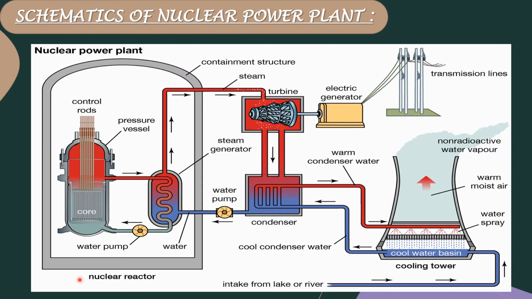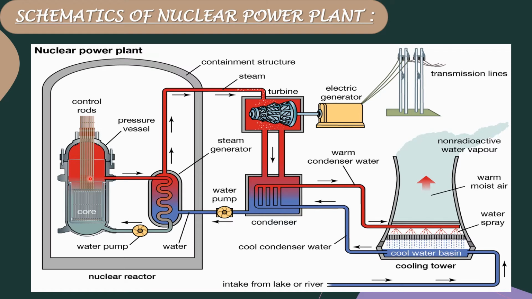A nuclear power plant consists of a nuclear reactor, a boiler, a condenser, a turbine, a generator, that is an electric generator, and a cooling tower. In the nuclear reactor, nuclear fission of nuclei of atoms like uranium or plutonium occurs. Control rods are used to speed up or slow down the chain reaction.